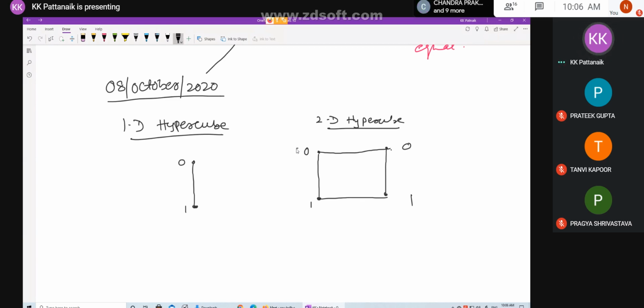So you append 0 to the left of the label, and here you append 1, right?